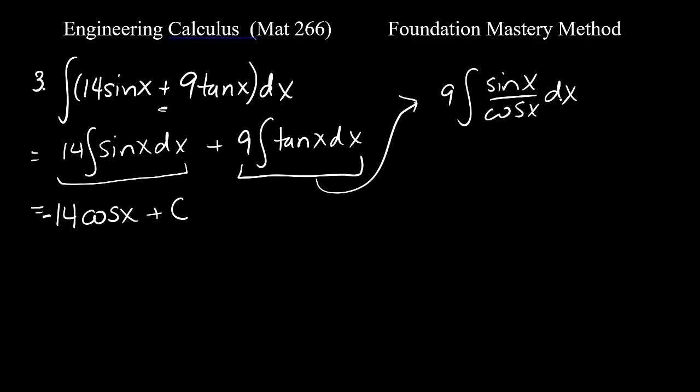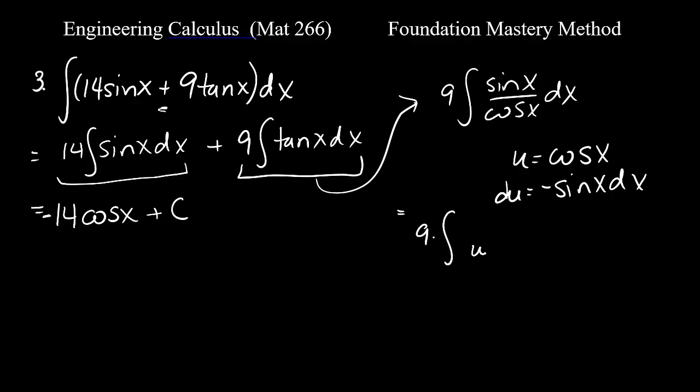And now we see a function and its derivative in the same term, so we can let u equal cosine of x, and then du will equal negative sine of x dx. So if we make this substitution, we'll have 9 times the integral of 1 over u, and we can replace the sine of x dx with negative du.